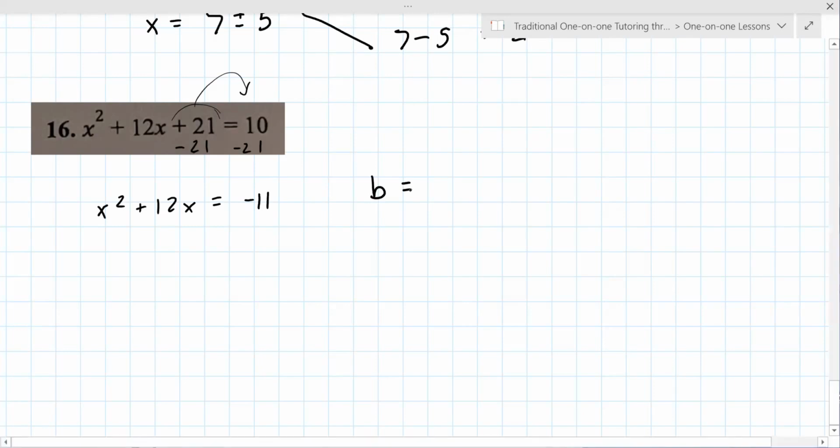B equals 12. Good. What is b divided by 2? 6. Okay. And then the last one is you got to square that number.